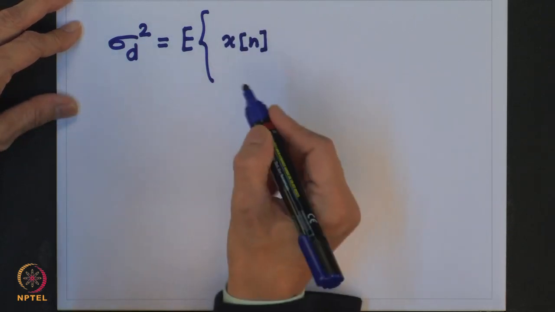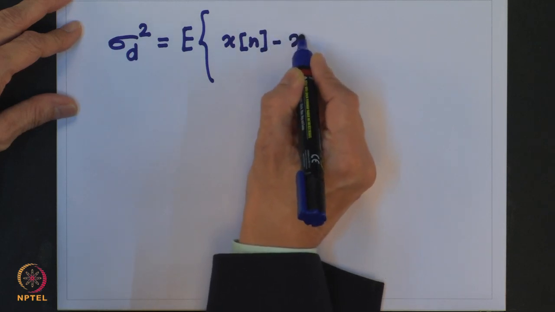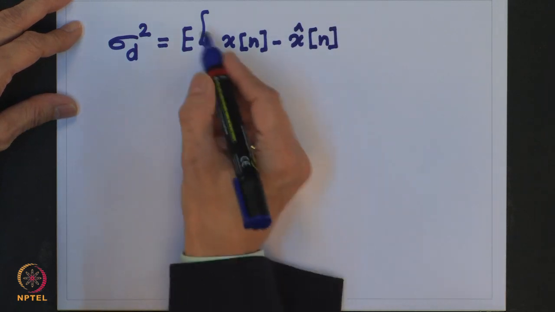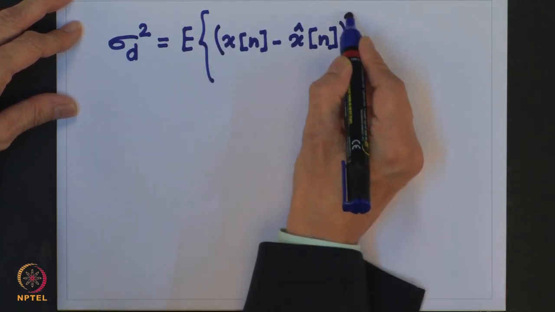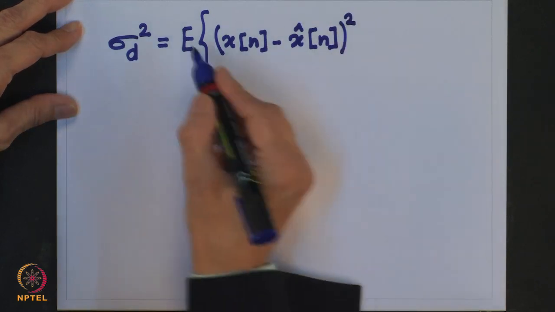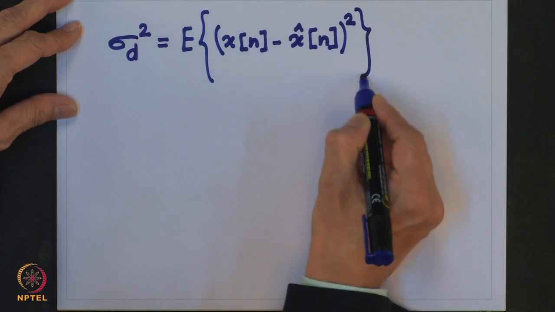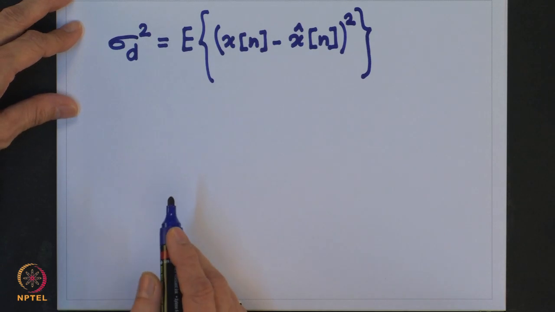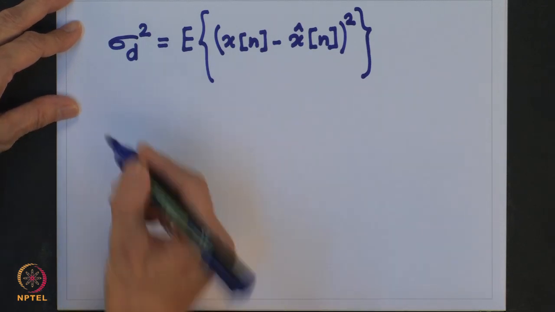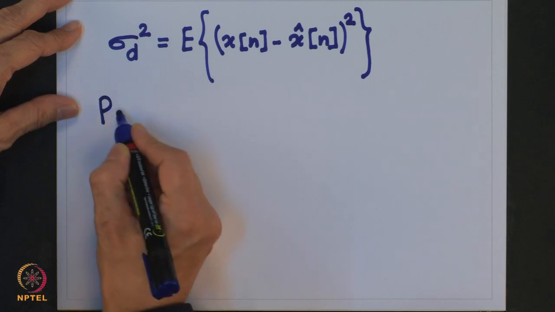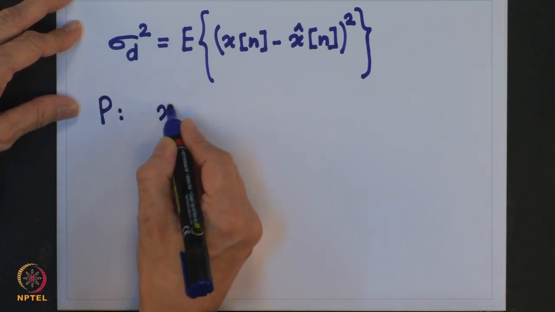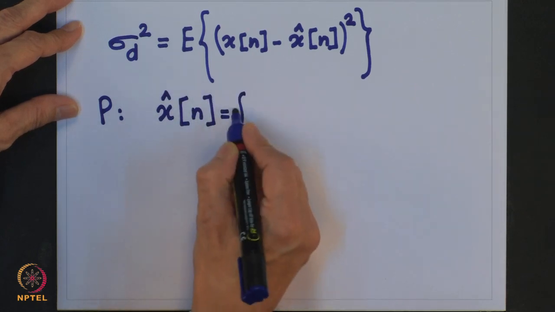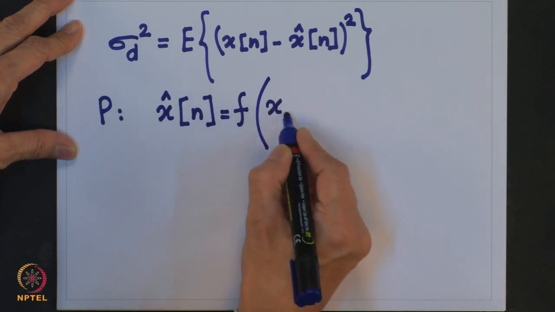This is your input sample and this is the predicted sample, squared error, and expectation basically will give you the mean value of this squared error. And we said that our predictor is nothing but a function of the past reconstructed values.